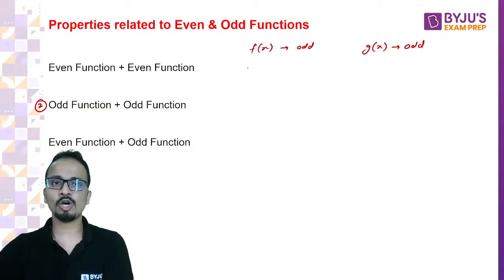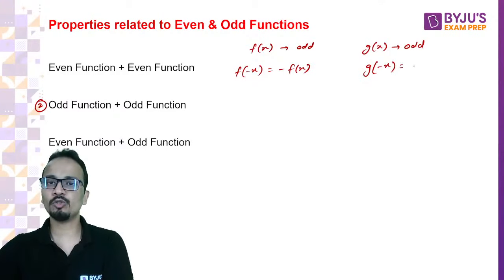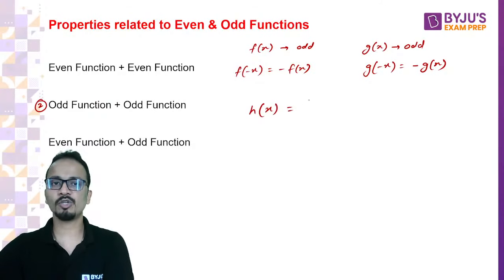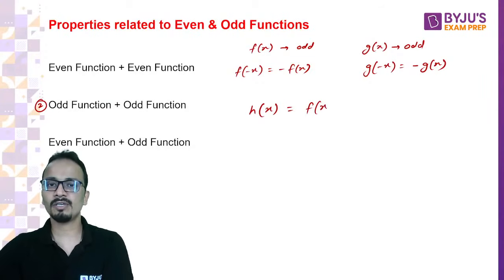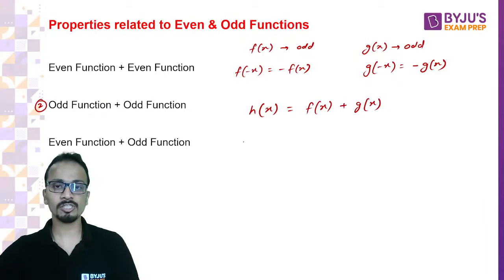So since fx is odd, f of minus x will be equal to minus of fx. G of minus x will be equal to minus of gx. All right. Now hx, a third function, is the sum of fx and gx, which are two odd functions.